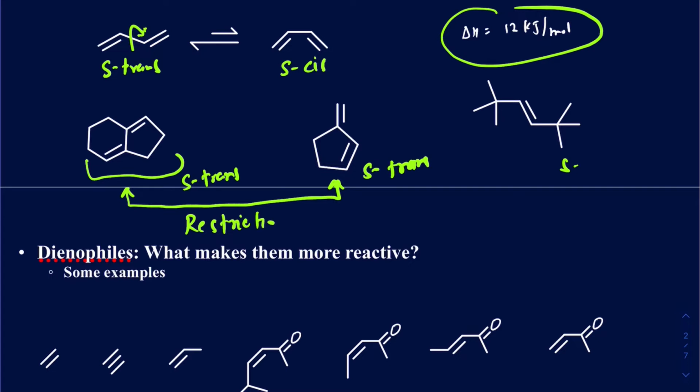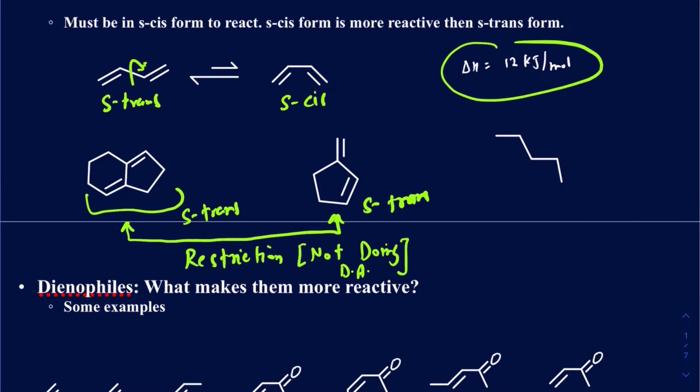So since I can't convert those, they're not going to do Diels-Alder reactions. But if I look at this next one, this is, all right, so I have this one a little bit not in the right position.